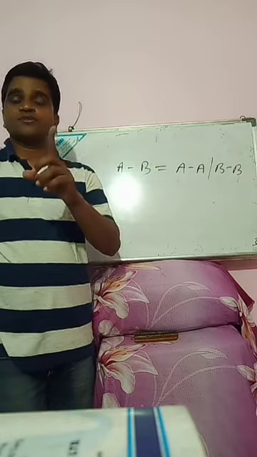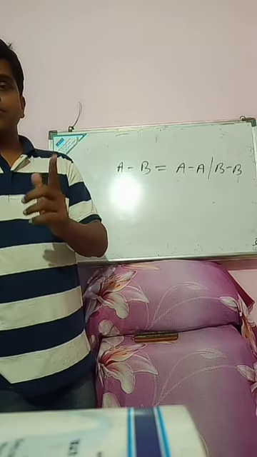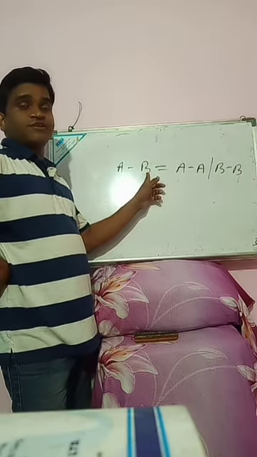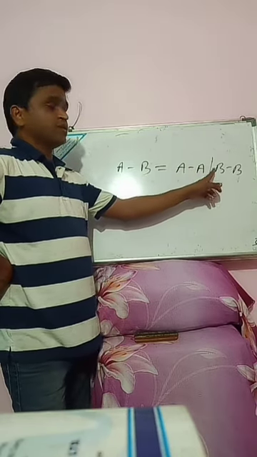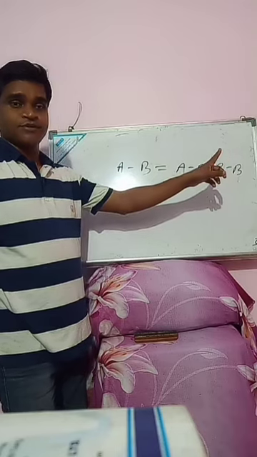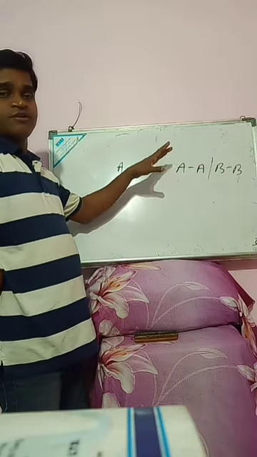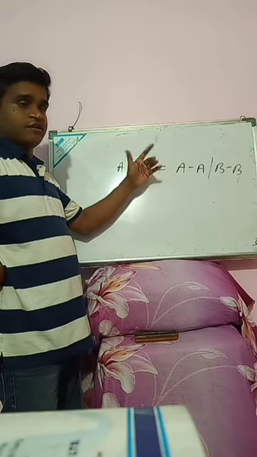Okay, so the solution is ideal if the solute-solvent interaction is same with that of solute-solute or solvent-solvent interaction. Okay, this is one of the criteria for a solution to be ideal.